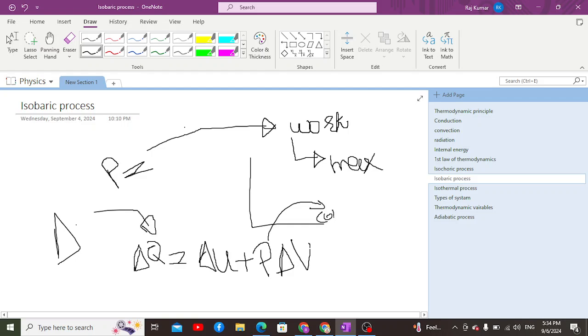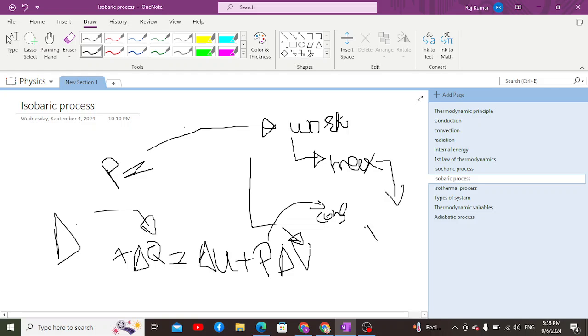As P is constant, whenever we increase the thermal energy, the direct impact would be on the increase in volume. Due to which, when P is kept constant and thermal energy is provided, the increase in volume will occur, due to which the work done would be maximum as a result of isobaric processes.